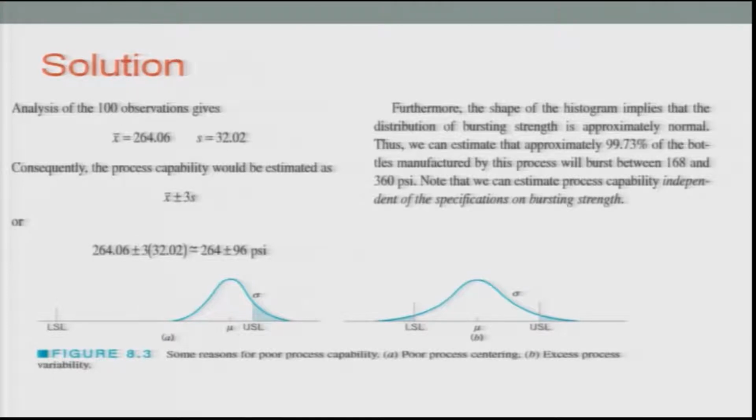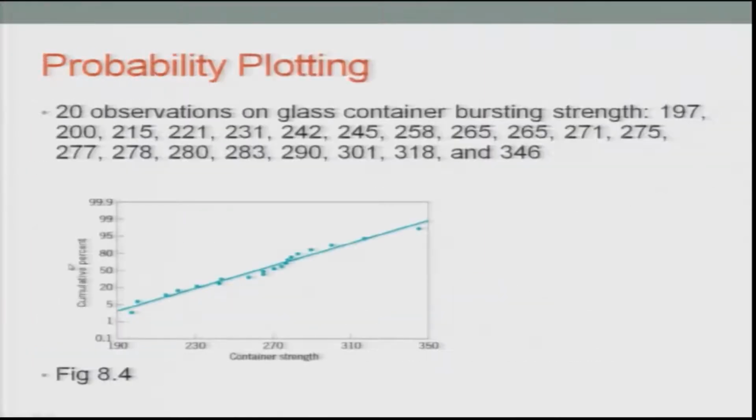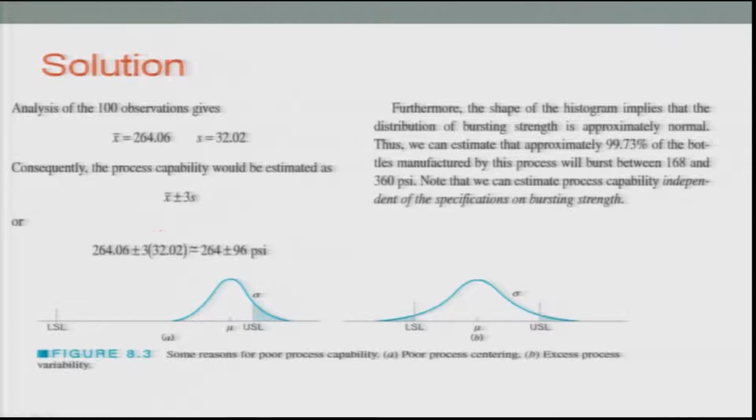So if I find out the intervals, 264.06 is the average value, plus minus 3 times 32.02, and if you find out the PSI, which is the unit of pressure, it comes out to 264 plus minus 96 PSI.